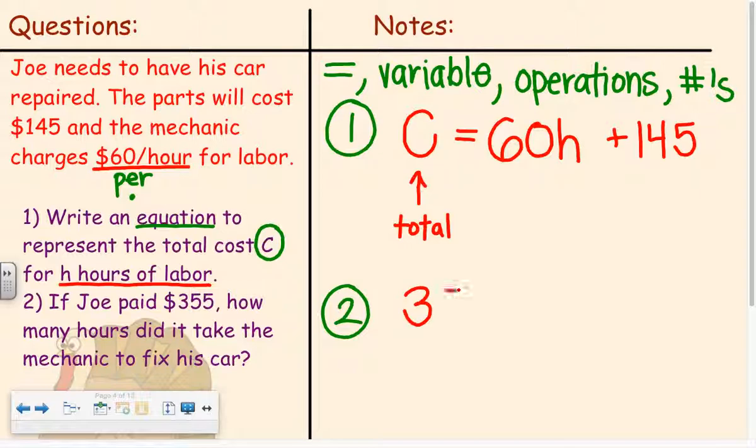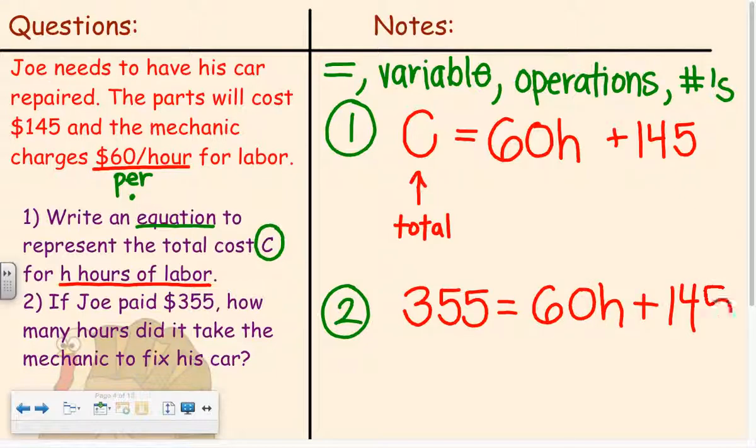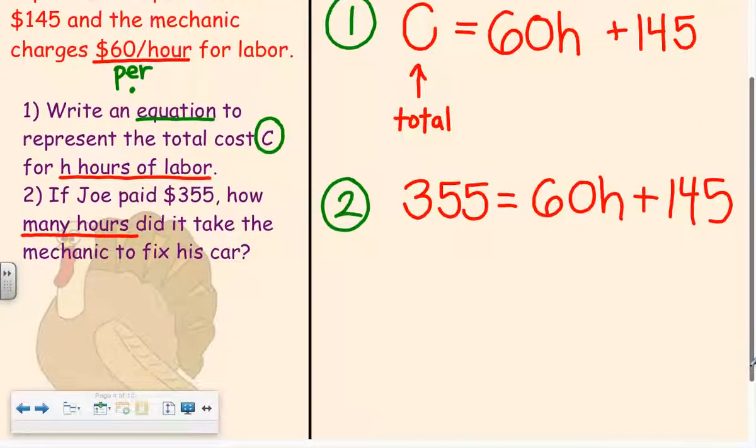So I'm going to plug in 355 here, and then I'm going to write down the rest of my equation. And they want to know how many hours did it take. So now I just have to solve for H. To get H alone, I should subtract 145 on both sides.